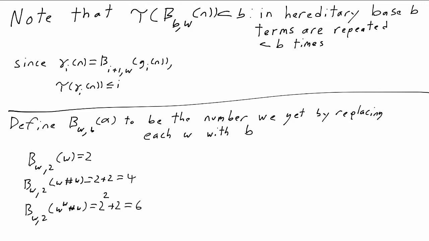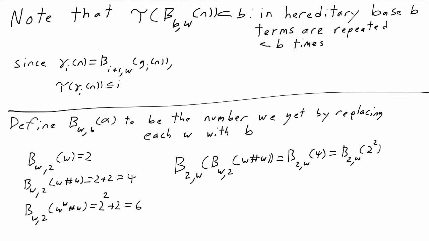And we notice that in general, b omega b isn't quite the inverse of b omega, because b omega 2 of omega plus omega is 4, but b2 omega 4 is omega to the omega. There is a one-sided inverse. b omega b of b omega of n is going to be n, because there all we're doing is replacing b's with omegas and then replacing these omegas back with b's.